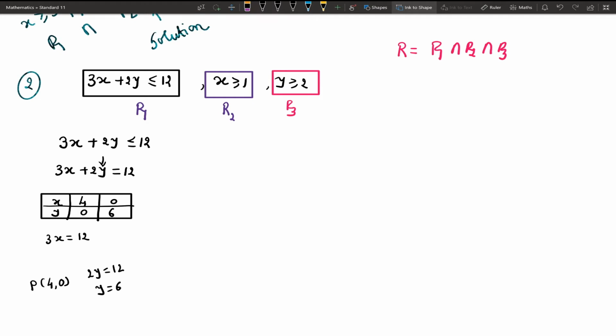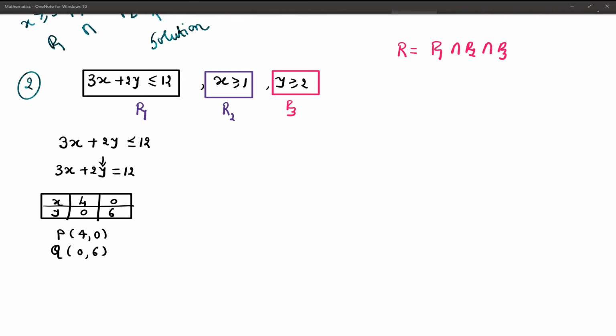So we have obtained 2 points of this given line, P 4, 0 and Q 0, 6. If we join these 2 points, we will be able to get the line 3x plus 2y equal to 12.